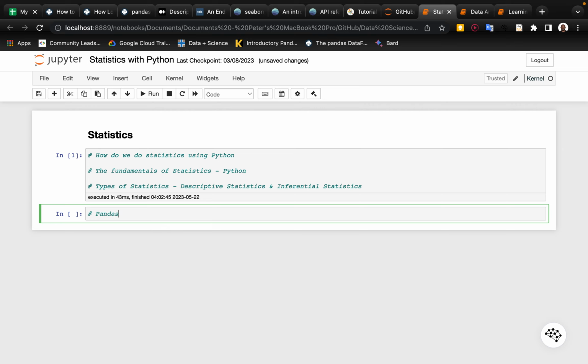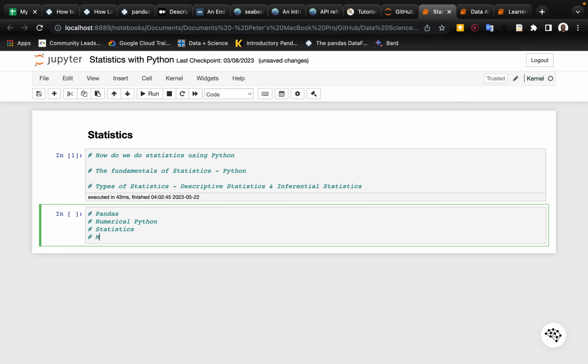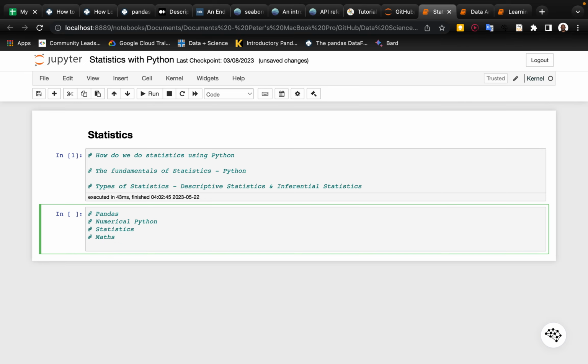We are also going to look at statistics, which is a package. We're also going to look at maths packages, SciPy, which is scientific Python. We're going to look at packages like that, and all this is going to help us bring to light descriptive and inferential statistics together.